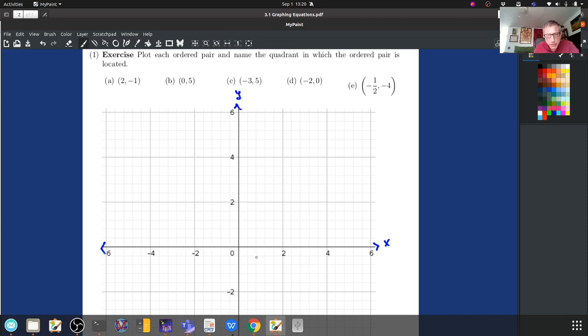So I go to my x-axis and I find my 2. And I don't like this one because here is -2 here, which means this is going to be -1. So I'll just write it there. We don't really have a line coming over. We come down 2 and -1, and right there that point is.